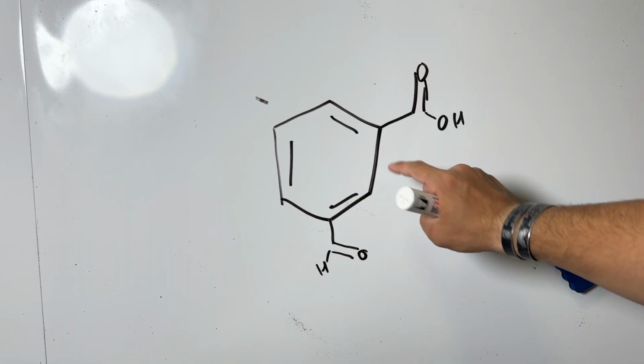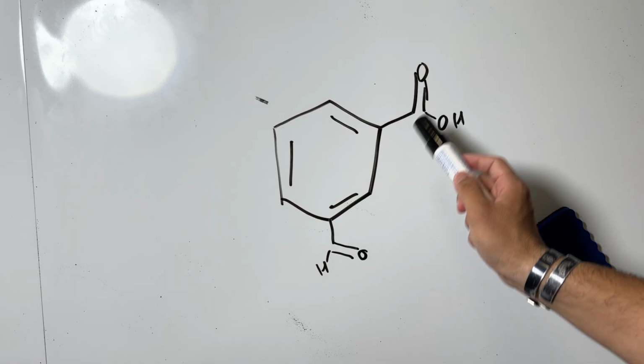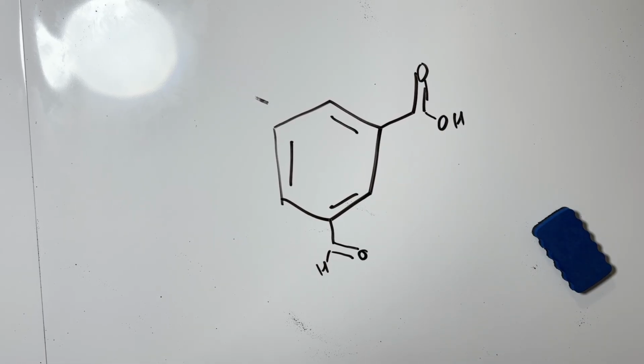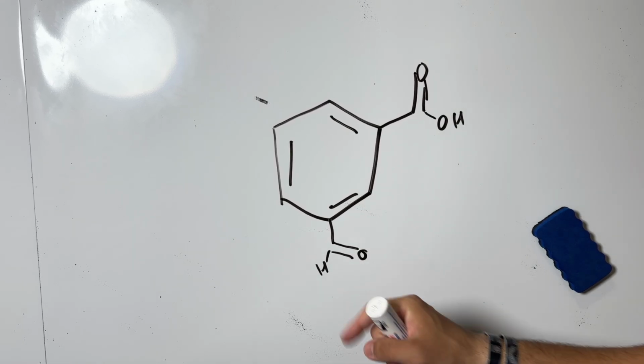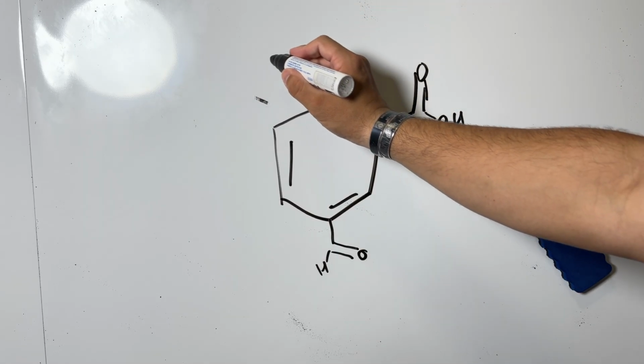The carboxylic acid takes precedence over our aldehyde, meaning this is the highest naming priority. So it's not benzaldehyde, it's benzoic acid. But we still have this aldehyde over here, so we're naming it as a substituent. So the name for this would be benzoic acid.